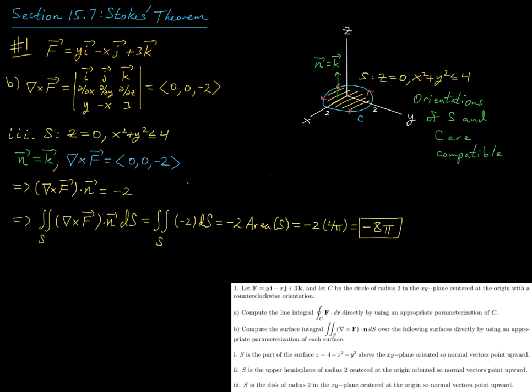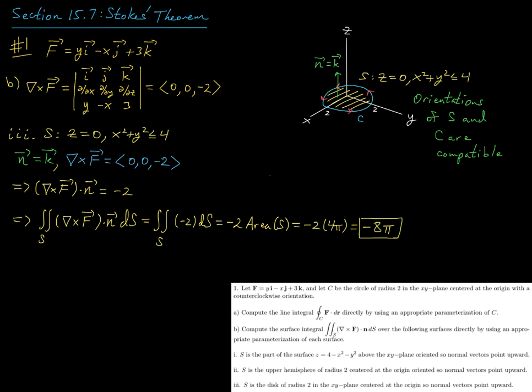Now, one final comment here, actually two final comments. In this example, this is really just Green's theorem. So in the intro video, I said that Stokes' theorem is a three-dimensional version of Green's theorem, where Green's theorem really is just a special case of Stokes. Here, if I just think about this as living in the xy plane, if you do the corresponding calculation, this dot product right here, the negative 2, notice it's just the k component of the curl vector.